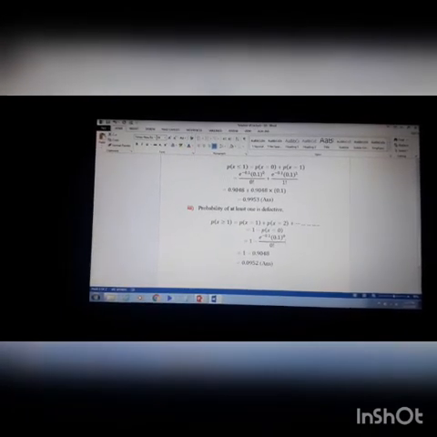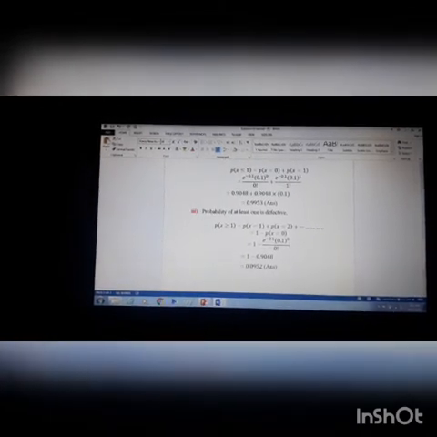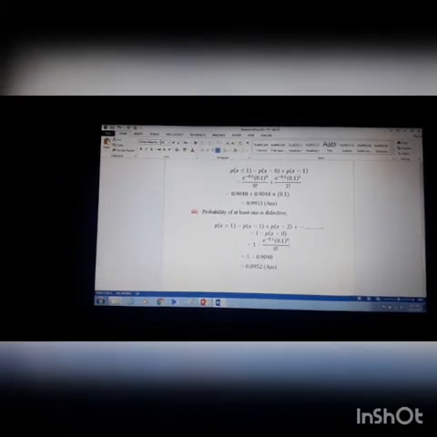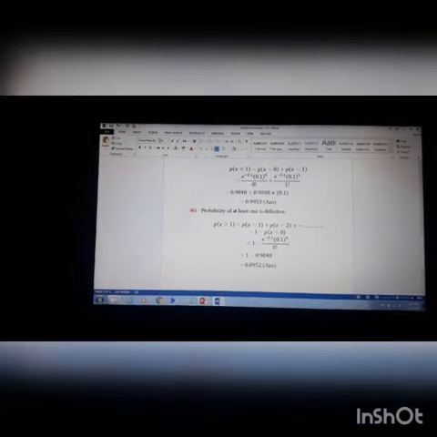And here we know that total probability is 1, so this can be expressed as 1 minus probability of x equal to 0. If we subtract probability of x equal to 1 plus probability of x equal to 2 plus probability of x equal to 3 up to infinity from total probability, that is 1, then we get 1 minus probability of x equal to 0.